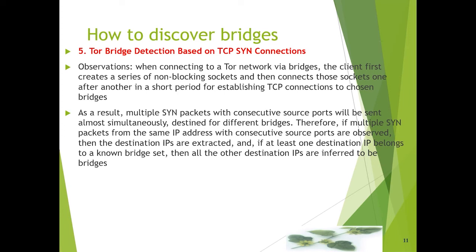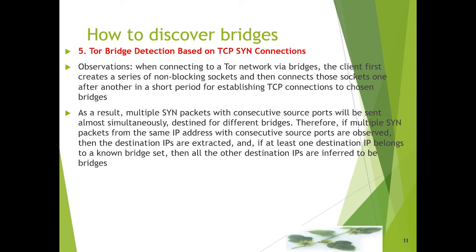As a result, multiple SYN packets with consecutive source ports will be sent almost simultaneously, destined for the different bridges. Therefore, if multiple SYN packets from the same IP address with consecutive source ports are observed, then the destination IPs are extracted.